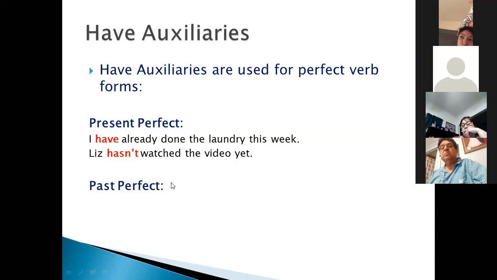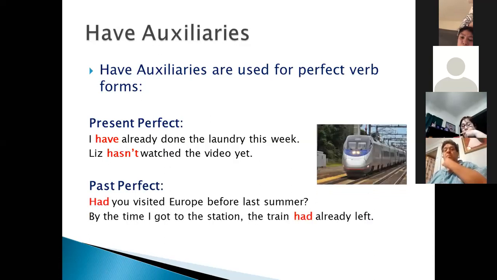Past perfect we learned last week, right? Had you visited Europe before last summer? By the time I got to the station, the train had already left. Past perfect. Have, has, had. Perfect auxiliaries.